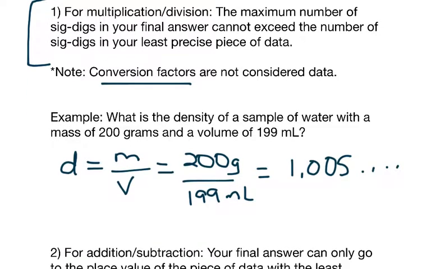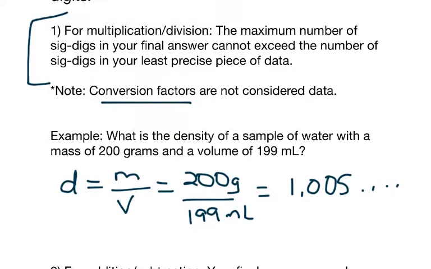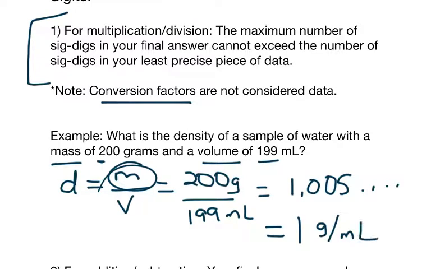Sig dig wise, you don't get all those digits. You have to look at the data. The mass only has 1 sig dig. The volume has 3. Because the mass only has 1 sig dig, you're limited to using 1 sig dig, which means you can only report a density of 1 gram per milliliter.